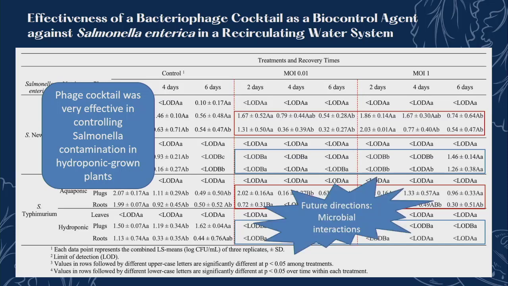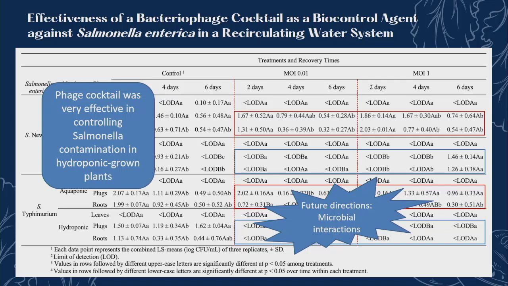So it means that we need to take a look at the microbial interactions of what is going on in the water. That could be a concern: why is Salmonella surviving and not being attacked by phage in aquaponics? Maybe phage is targeting other organisms in the water, or it's an overwhelming system, and then Salmonella is not being targeted by phage.